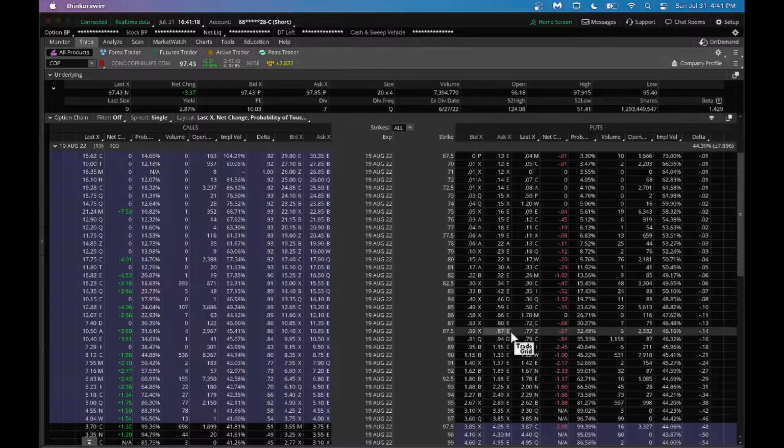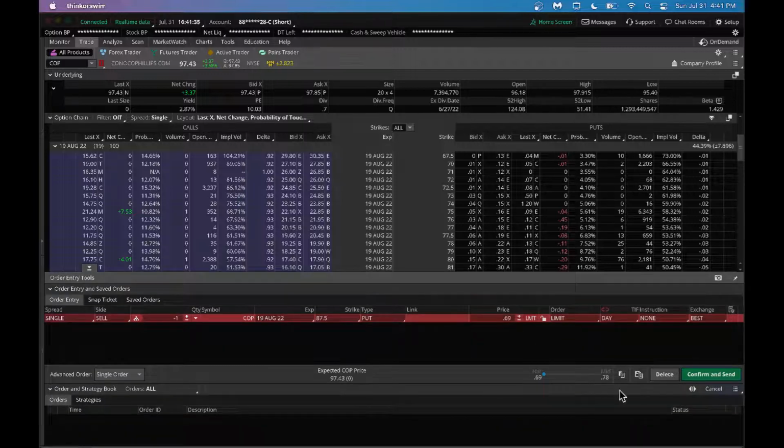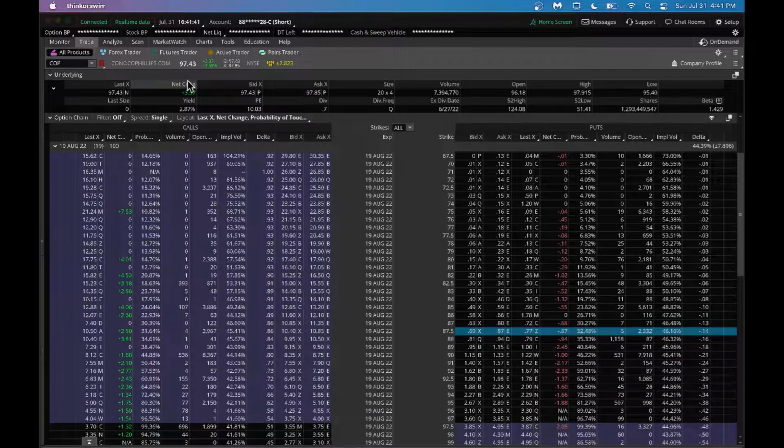Look, open interest at 87.5 is super high. I would probably sell right here. And if you're conservative, you could sell here. We got high open interest at 85 also, but you could sell right here and make some good money, which is 87 cents. Look, we got 78 cents at the midpoint here, $78, and generate some good money.